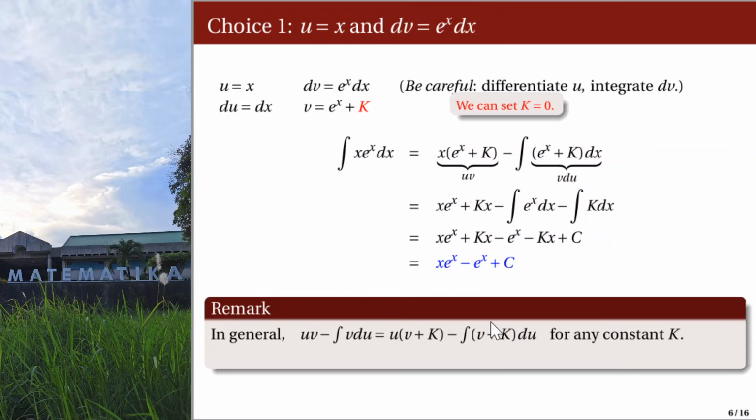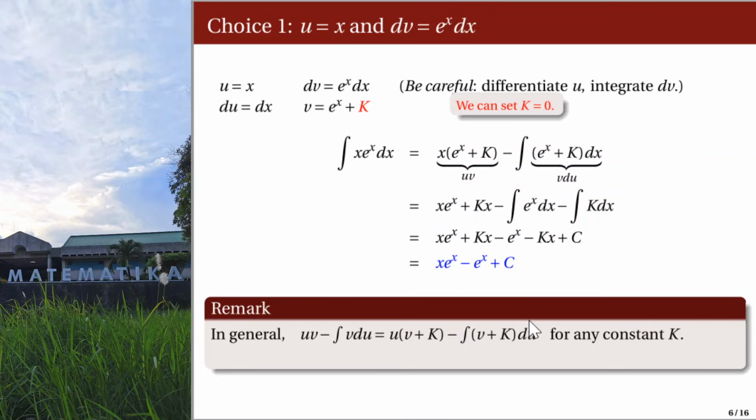However, anong nangyayari dito? Dito sa integral ng k du, we will just get ku. Okay? So, kasi with respect to u no? So, constant du, you will get ku as the antiderivative. Minus yan. And then here you have ku. So, you will have ku minus ku, that will zero out.